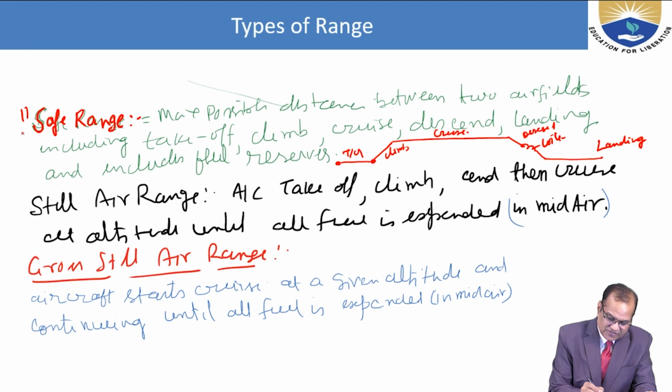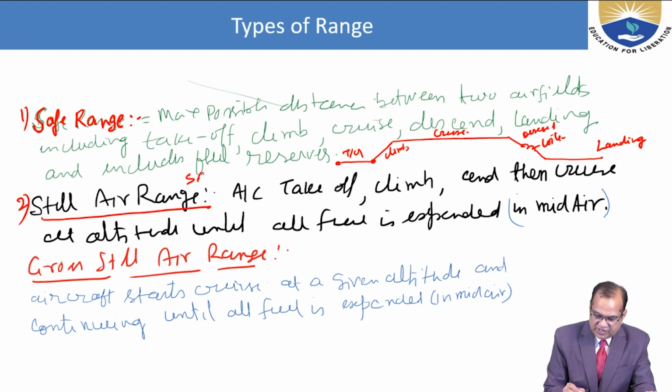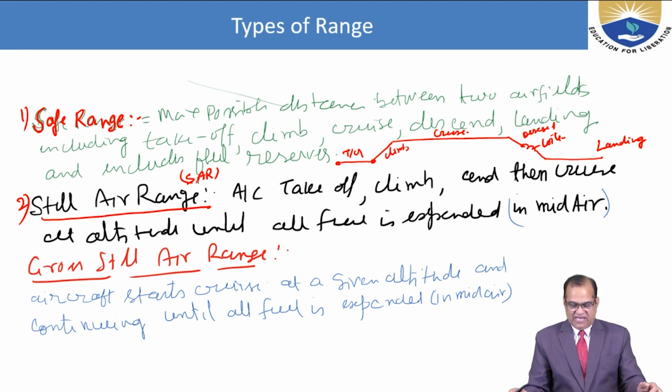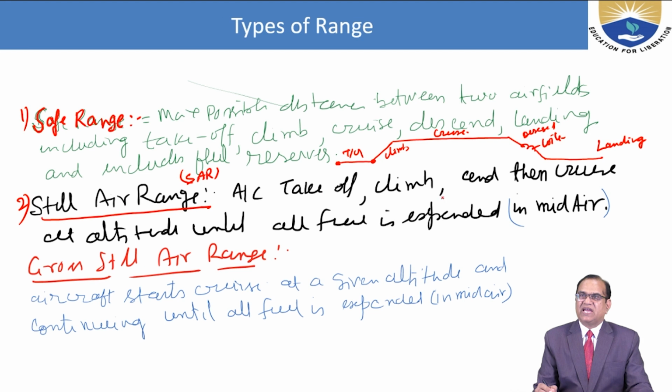The second one is still air range. It is also called SAR. In still air range, the aircraft takes off, climbs, and then cruises at altitude until all fuel is expended in mid-air. So landing is not included, it goes only up to here.